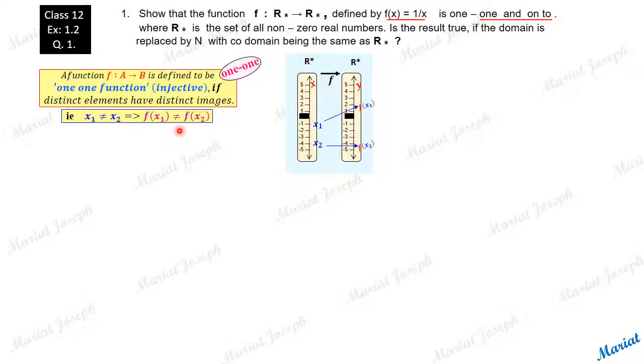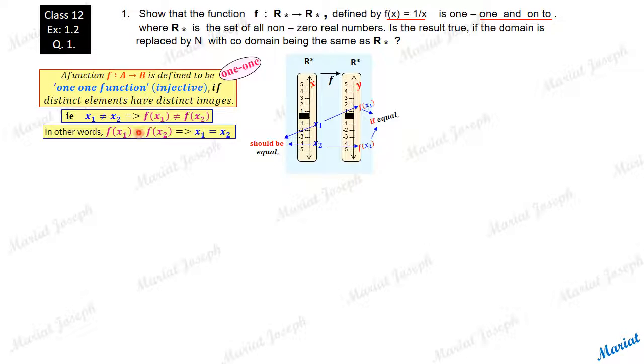In other words, if f of x1 and f of x2 happen to be equal, then x1 and x2 also should be equal. That is, whenever x1 and x2 are unequal, the images should be unequal; in case the images are equal, then x1 and x2 should also be equal.